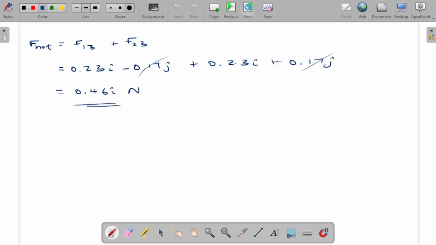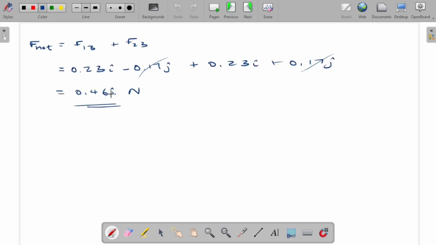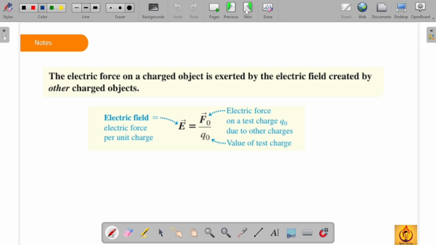So in our session today, we are going to move on and define the electric field. We define it by saying it is the force on 1 coulomb. In here we just calculated this force, but on this side, we are saying how much of this force is exerted on 1 coulomb of charge. That force on 1 coulomb of charge is our electric field.